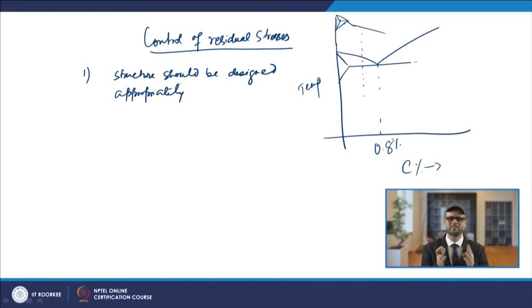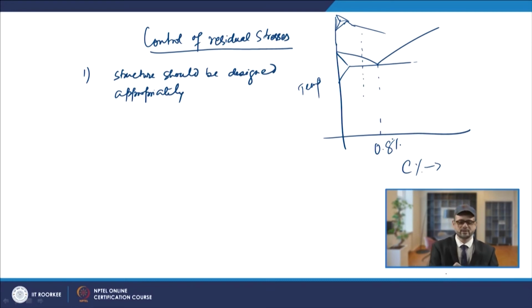If you look at these two joints, single V and double V, the double V joint will have a more balanced structure. So you can prefer the double V type of joint for proper design.